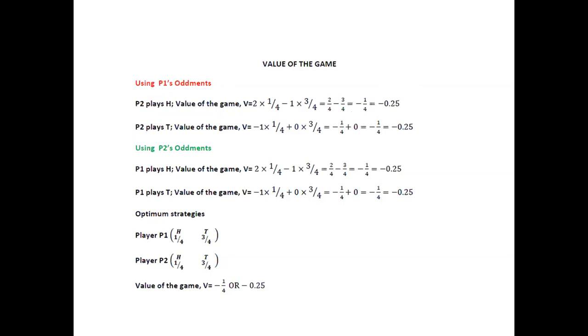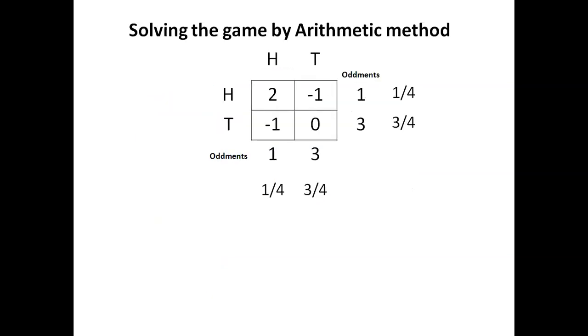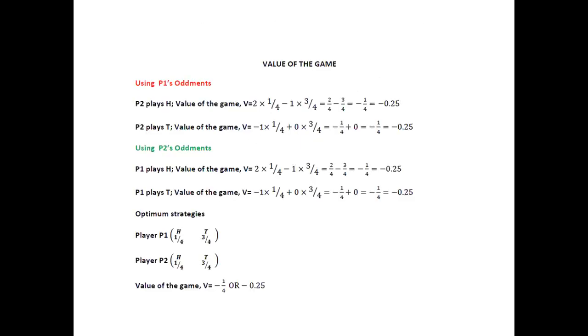Similarly, if you consider the second, when the player P2 is playing with the pure strategy T, then minus 1 into 1 by 4 plus 0 into 3 by 4, that is, it will become 0. Minus 1 into 1 by 4 means minus 1 by 4, that is minus 0.25. Okay, just here, minus 0.25.